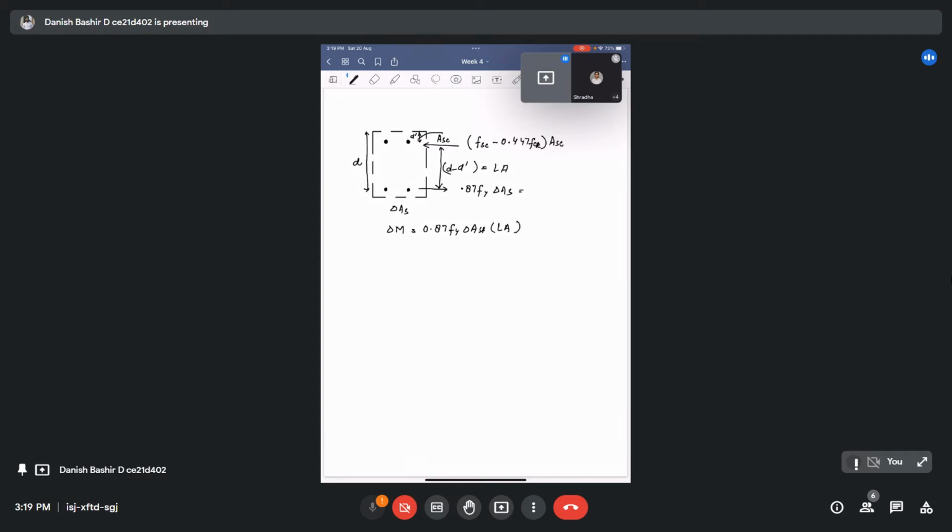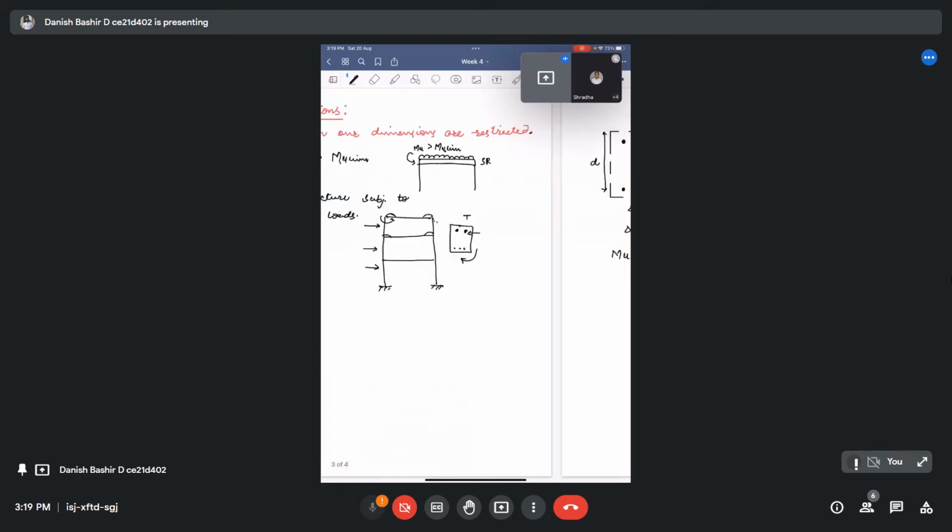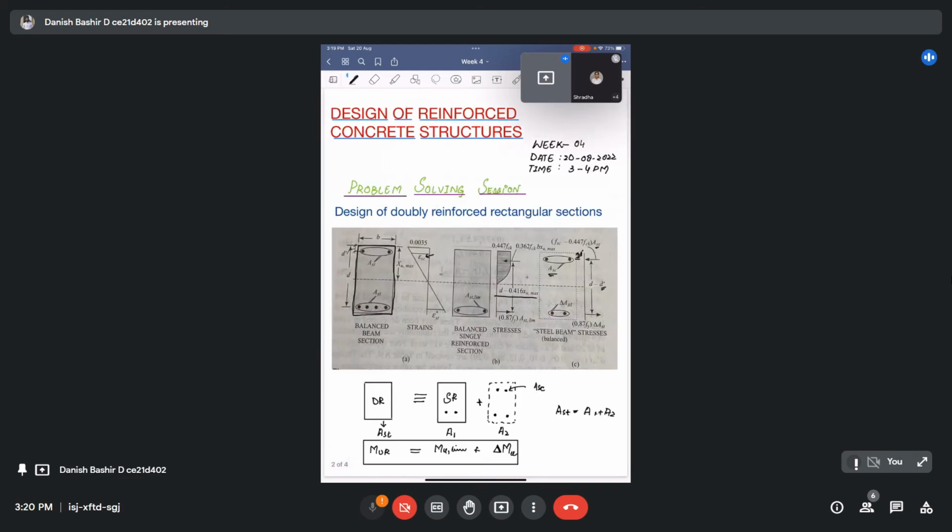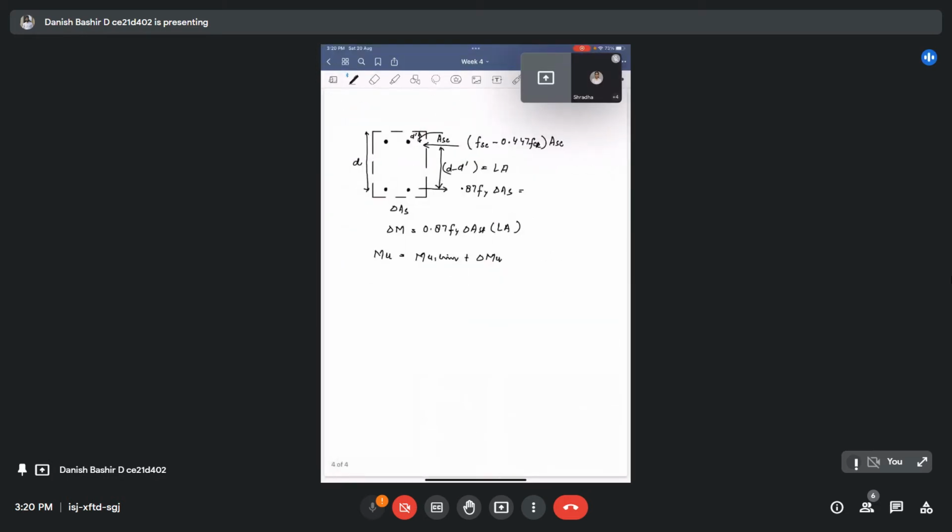So this is the basic thing behind it. First was Mu. I split it into Mu limiting plus delta Mu. This was the first formula. Same, for example, if this section is able to carry limiting moment of resistance, the corresponding steel provided to it will be also the PT limiting percentage of steel.